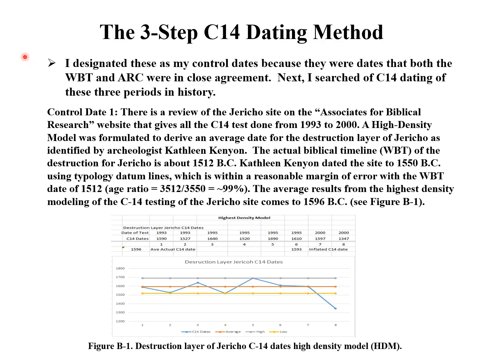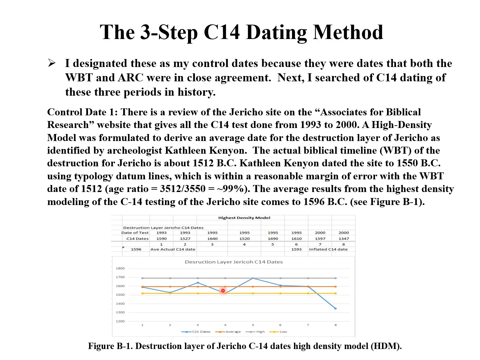See our figure 1. So you see here the test dates: 1993, 1995, 1995, 1995, 1995, 2000, 2000. These are all AD dates, obviously. Here are the results of our carbon-14 dating: 1590, 1527, 1640, 1520, 1690, 1610, 1597, and 1347. So you'll see that we determine our high density range in here.